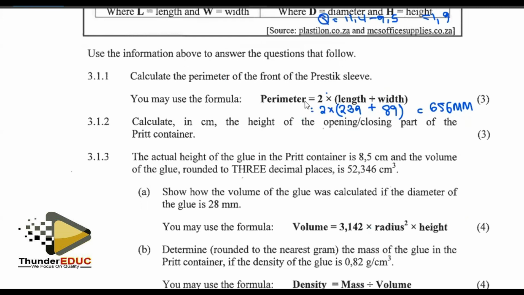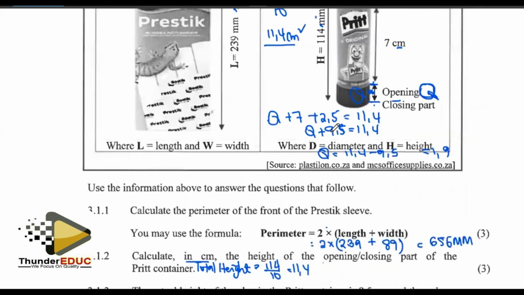We said the total height has to change to centimeters because they need my answer to be in centimeters. The total height, which is 114, we shall divide it by 10, get 11,4. So when we add these other areas, they should give us this.